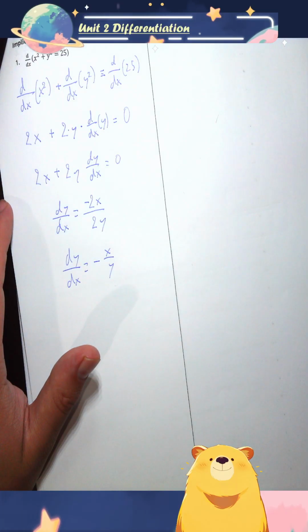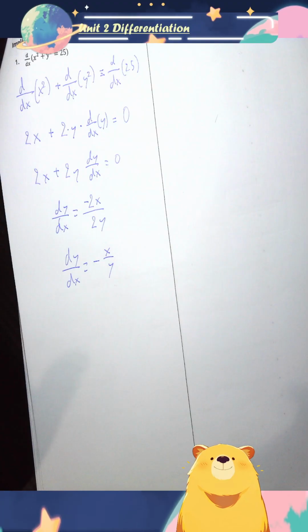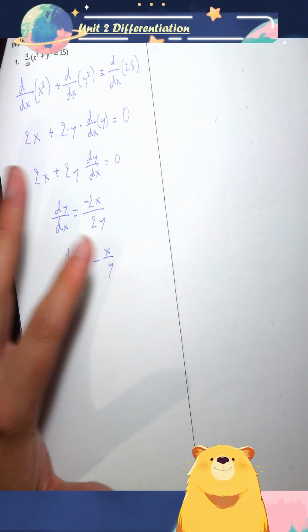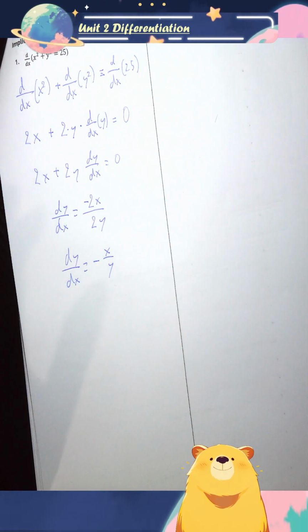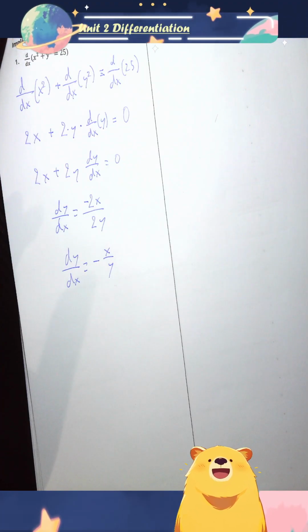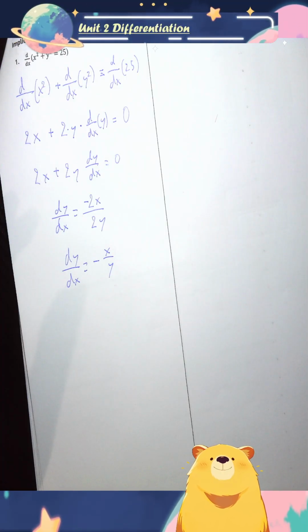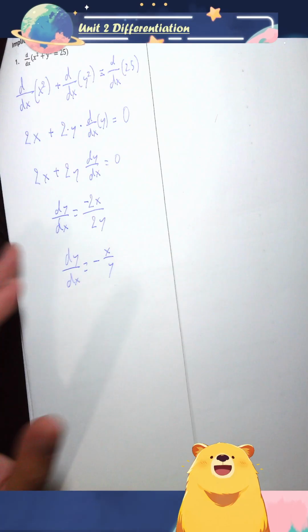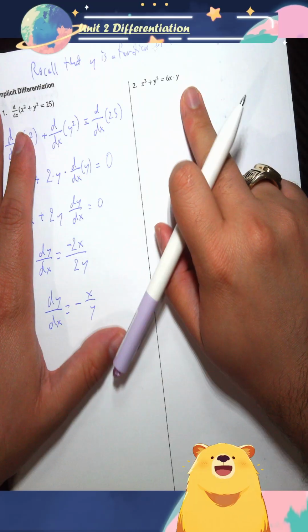And here, if we're provided with any point on this circle, we can find that tangent slope. So if we stop the circle at any point, we can find its trajectory, where it's going.